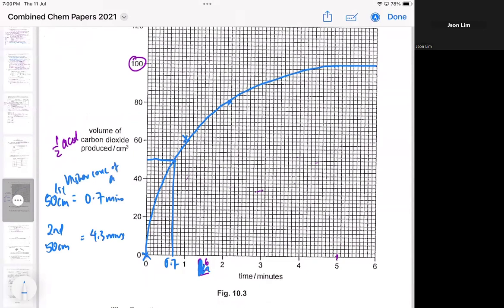As you react, the acid gets lesser. Therefore, the concentration decreases. Then we say that now there are lesser particles per unit volume, so the collisions decrease and so forth. Okay, any question for the reason why the reaction should be slower towards the end? Always due to concentration, right?